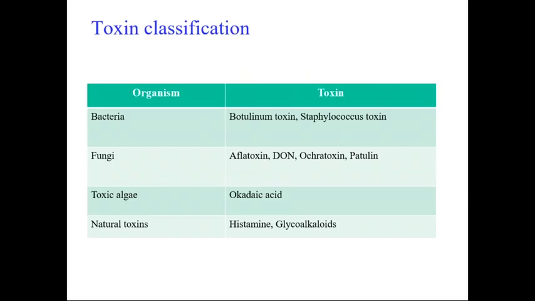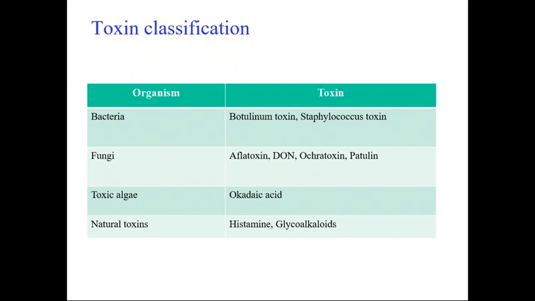So the toxin classification, if you look at the bacteria, one of the major toxins produced is botulinum toxin or staphylococcus toxin. These will be covered in more detail in the microbiology section.